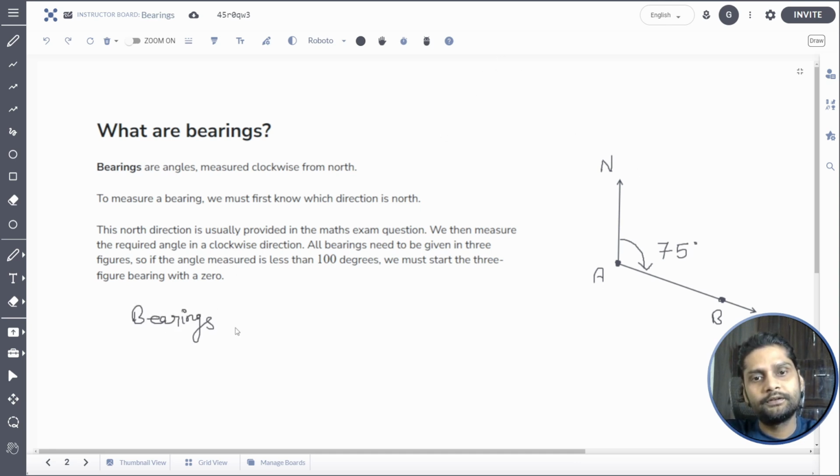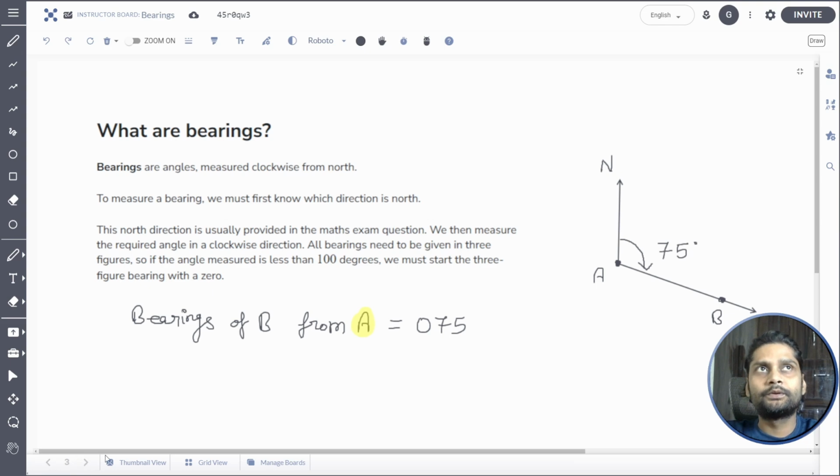How do we write it? Bearing of point B from A. The preposition from is used just before the letter A. It simply means that A is the reference point, and with respect to A only, we have to consider the bearing of the other point, and that's going to be 75 degrees, so we can represent it as 075.